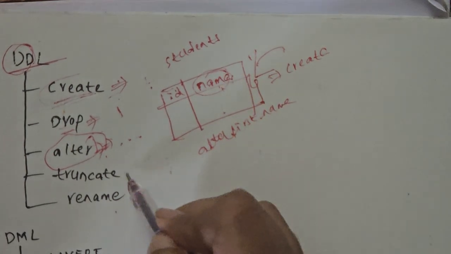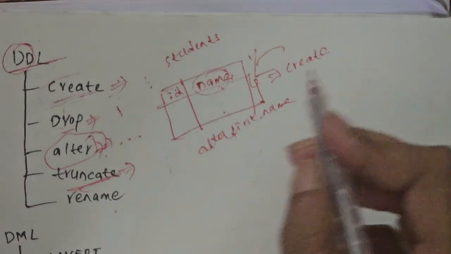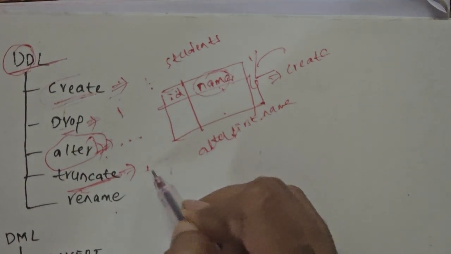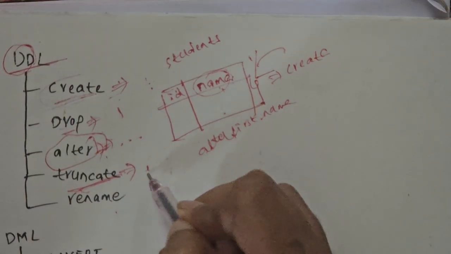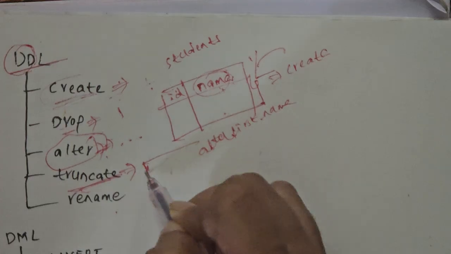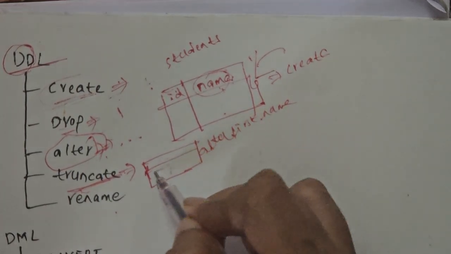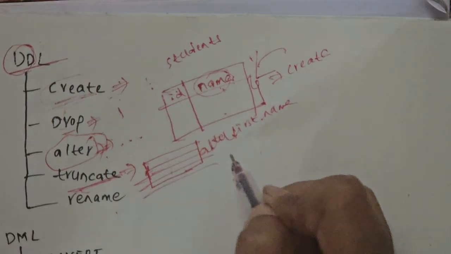Then truncate. The truncate command will not remove the structure of the table from the database. It will keep the structure and it will delete the data from the table.